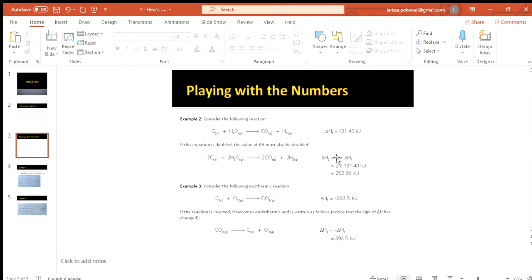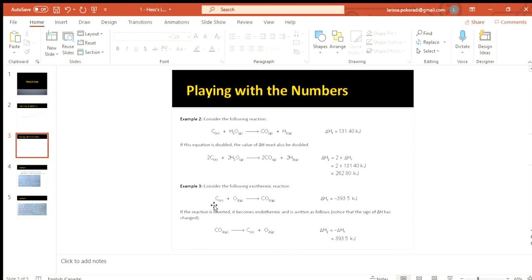When we're playing with Hess's law, we usually have to change some stuff about the reactions that we're adding up. And whatever we do, we have to do the exact same thing to our enthalpy, because this is what we're trying to find anyways, the enthalpy of the overall reaction we're trying to add up to. So we might multiply some stuff.